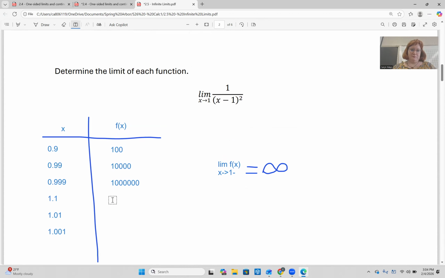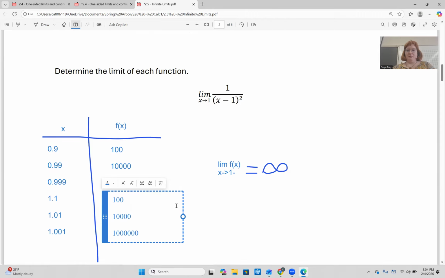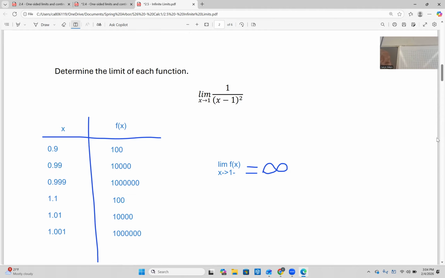It's pretty much the exact same thing. If we think about what is happening, we're subtracting from 1 and squaring it, and these pairs have the same difference away from 1. So the fact these values come out to be the same makes sense.